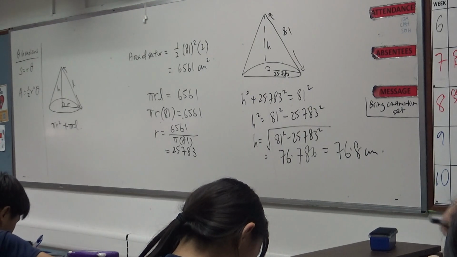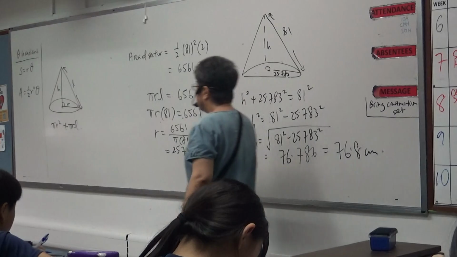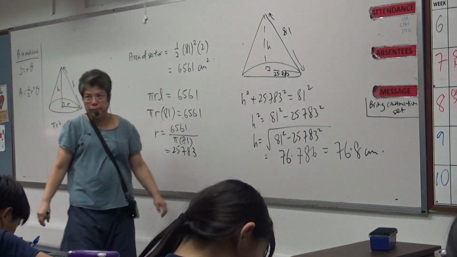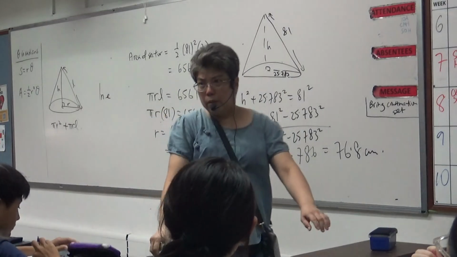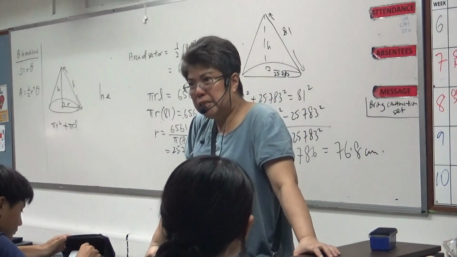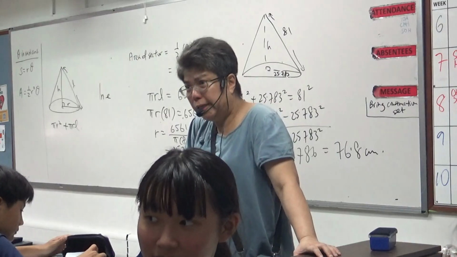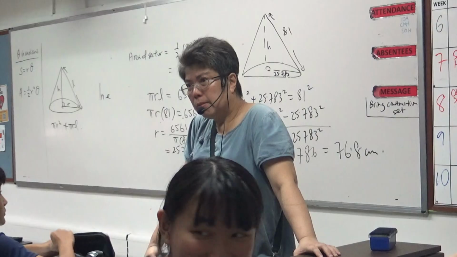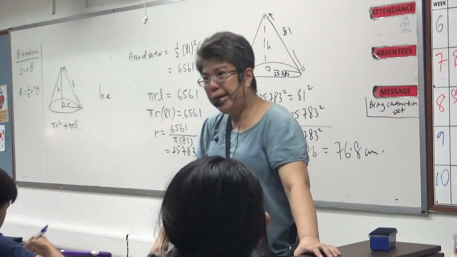Some people in the class don't even know that log e is 1. The whole paper, the person writes log e, log e, log e. What's the meaning of log e, Joshua?